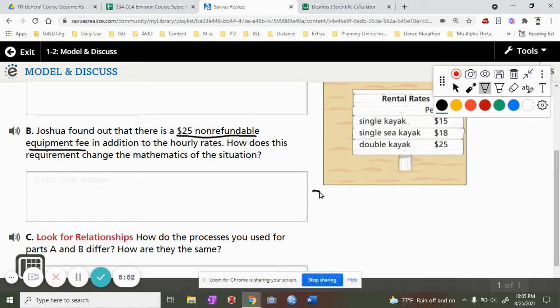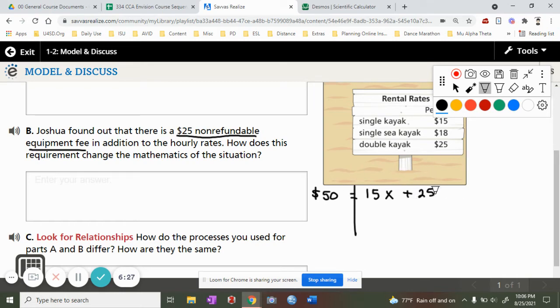He still only has $50, but now when he rents the kayak, not only does he have our kayak fee per hour, he also has the addition of $25 of an equipment fee that he does not get back. So now when we're solving, we have two things we need to undo. We have 15 times x plus 25 equals 50.